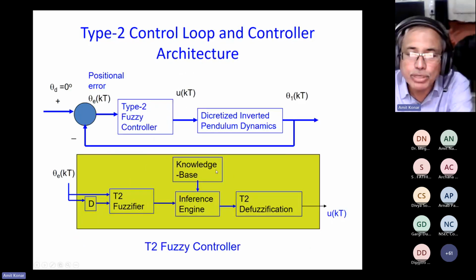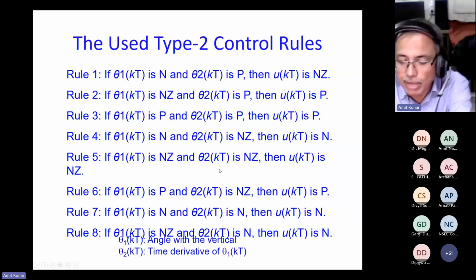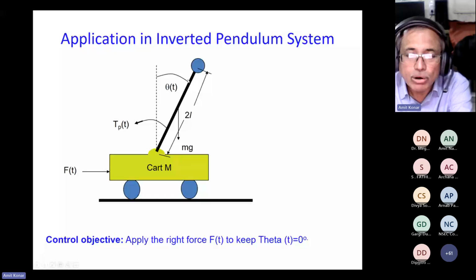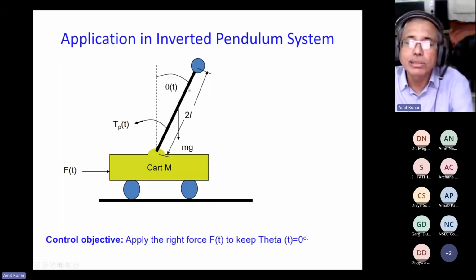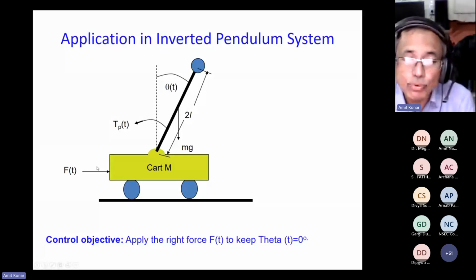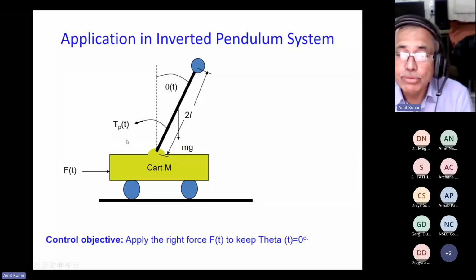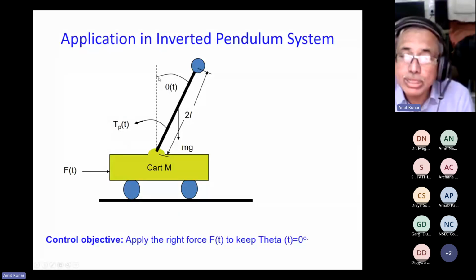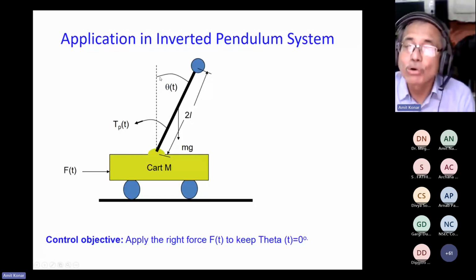If we represent the dynamics, then we can construct some fuzzy rules for this. The control policy here is for the angle theta t to be close enough to 0. That means, is it possible to apply some force Ft to the cart all the time so that the pendulum will be close enough to 0 degree with the vertical? That is the control policy.